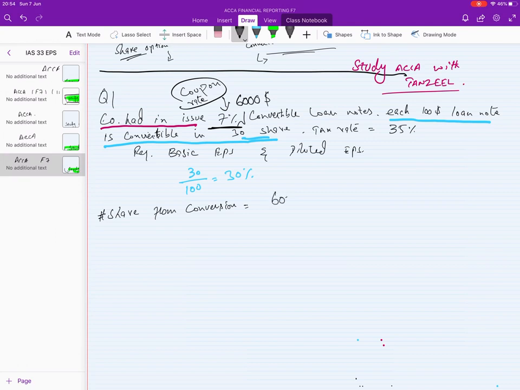The amount is $6,000. We are giving 30%, or you can say 30. If you have a $100 loan note, you will get 30 shares. So either you take 30 divided by 100, or you take just 30%. It's the same thing.